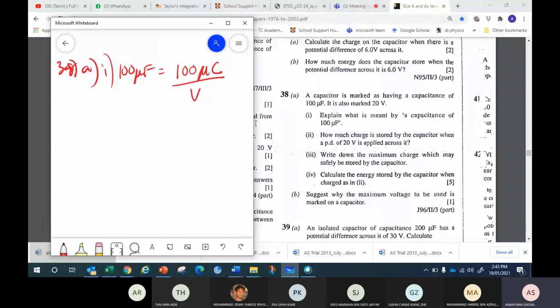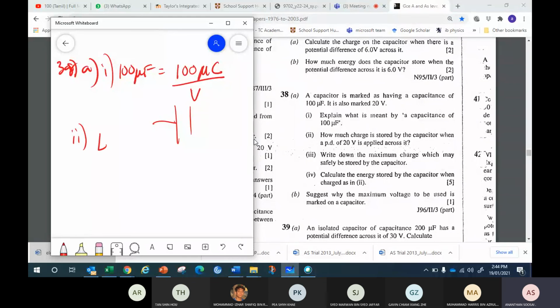What is the capacitance of 100 microfarad? The capacitance is said to be 100 microfarad when 100 microcoulomb is stored on each plate per unit voltage across the plate. If you give 1 volt, on each plate 100 microcoulomb will be stored in the capacitor. Okay, that's 1. 2, how much energy is stored by the capacitor when PD is 20 volt?